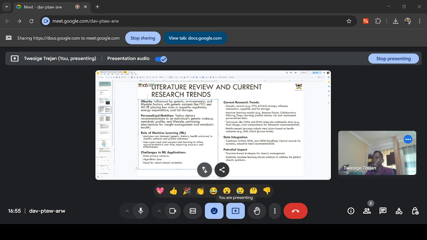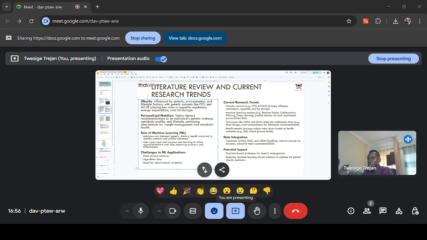Machine learning models, for example random forest, collaborative filtering, and deep learning, can all be used to predict obesity, but we've picked out the best. Techniques like CNNs and RNNs integrate multimedia data. Then we could use reinforcement learning based on health outcomes, for example the body mass index, the BMI.